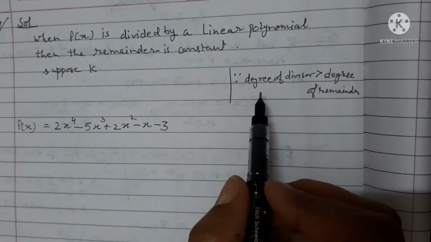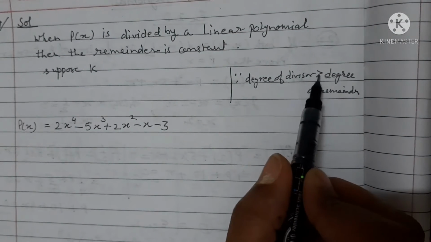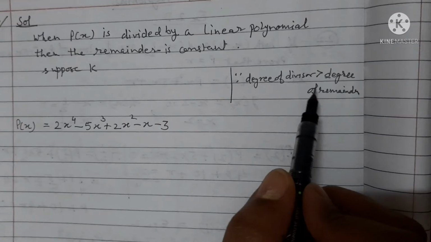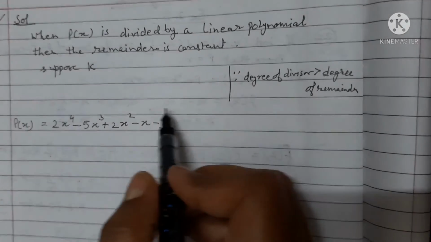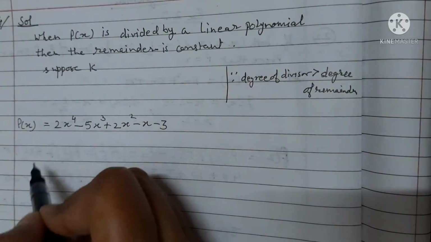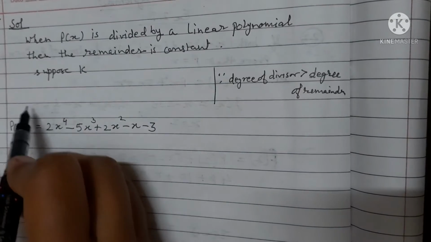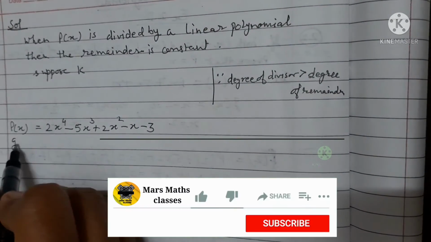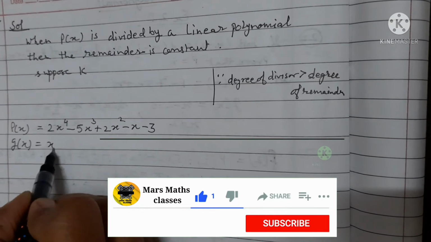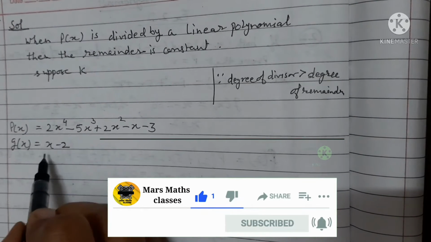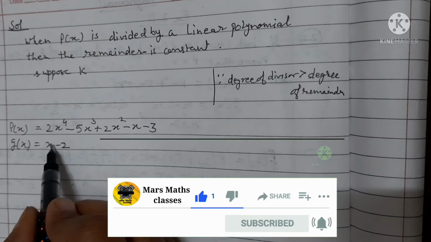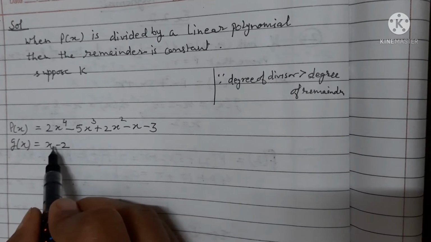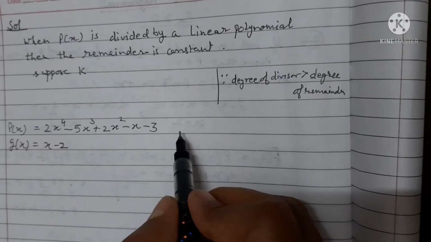You know the degree of divisor is always greater than the degree of remainder. Here our divisor is a linear polynomial, g(x) is equal to x minus 2, and the degree of g(x) is 1. So, our remainder should be a constant.